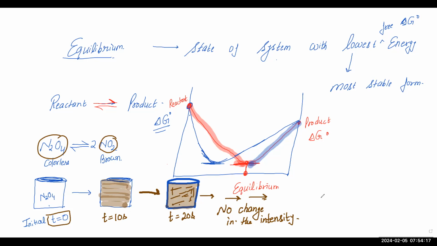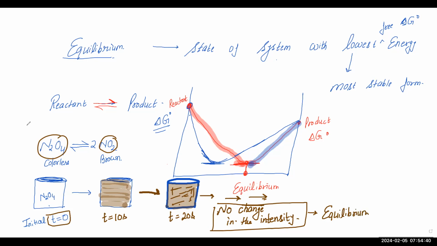No change is visible, the color intensity is the same. So when you cannot see any change, it is called equilibrium. The change is not visible.